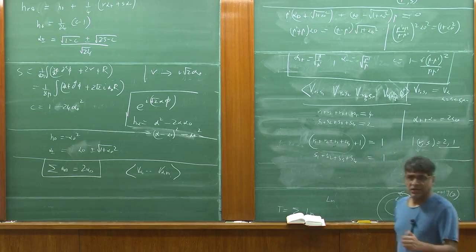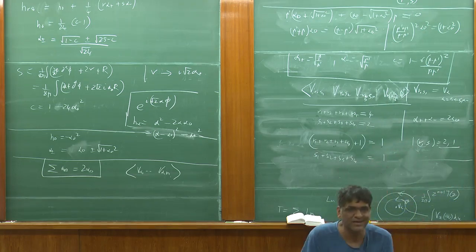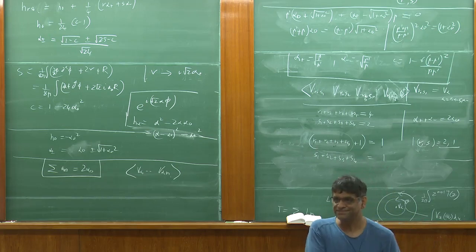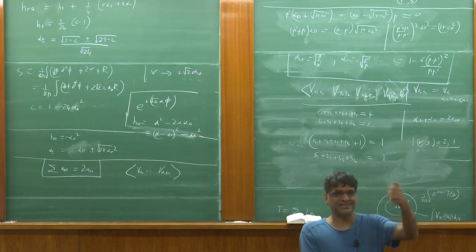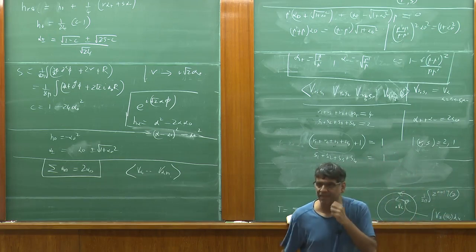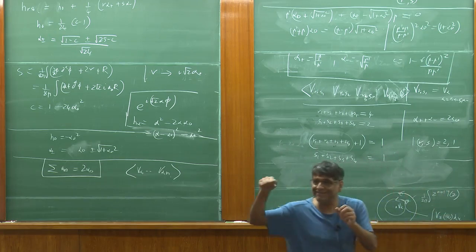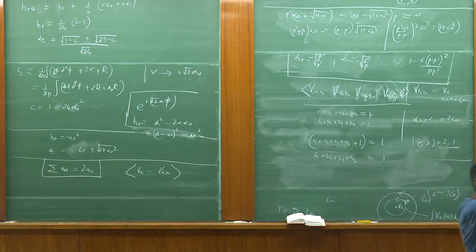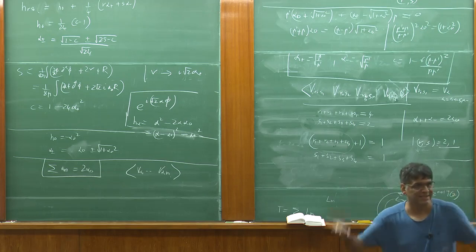One is the V2 comma 1 at Z, which is what we're interested in. The other is this Q, which is contour integrated at some W. In the end we get a correlation function depending on Z and W.